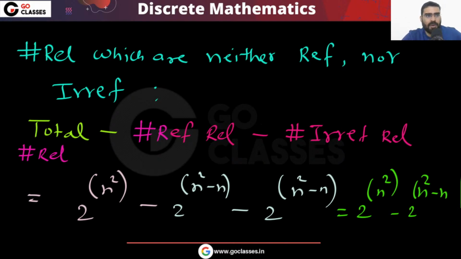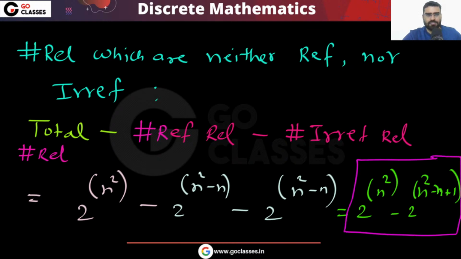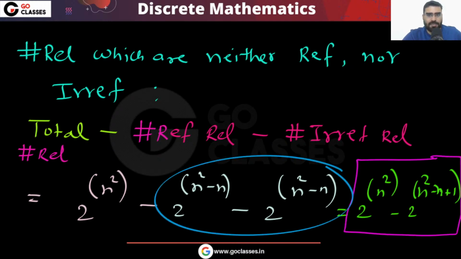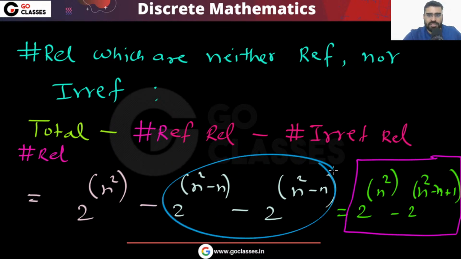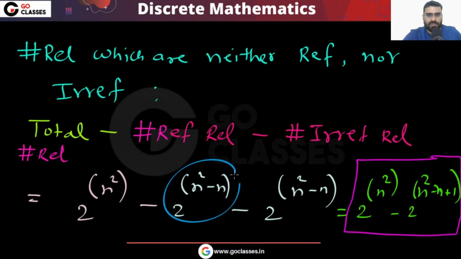So this will be 2 power n square minus 2 power n square minus n plus 1. You can see these are the same, so it's just double of this value, and that will be 2 power n square minus n plus 1. So this will be your answer.